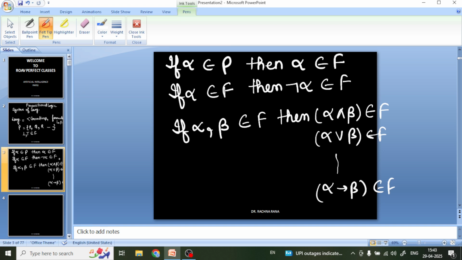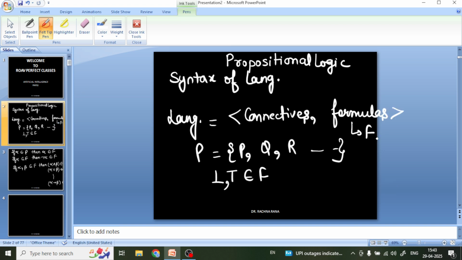And here, this is a set of sentences in our language.